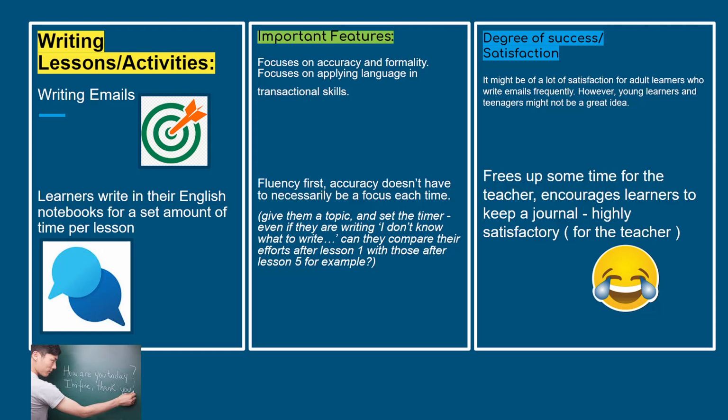And if you give them a topic and set a timer, they can compare their later notebook or journal entries to their earlier ones and see how their writing has evolved or improved. And this frees up some time for the teacher. So definitely satisfaction for the teacher. And it encourages students to keep a journal, so it's going to be successful for them.